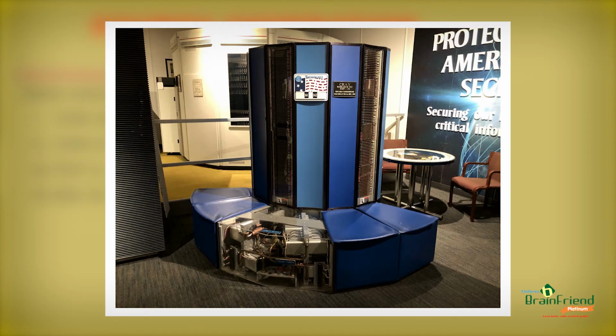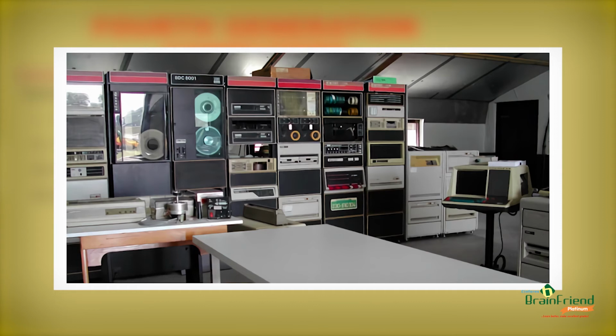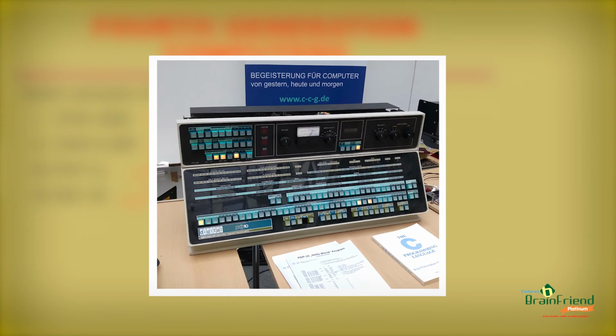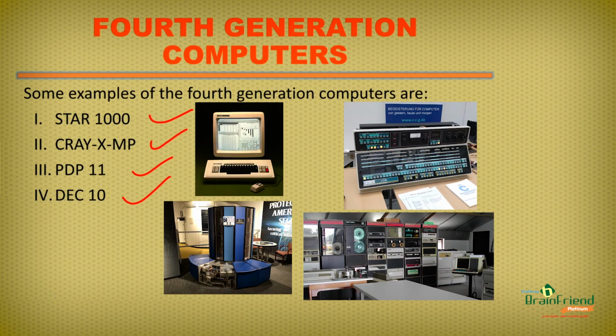Number 2, Cray X MP. Also number 3, PDP 11. And finally, the DEC 10. These are some of the examples of the fourth generation of computers. And now, this leads us to the fifth generation of computer, which is the current and modern generation of computers.